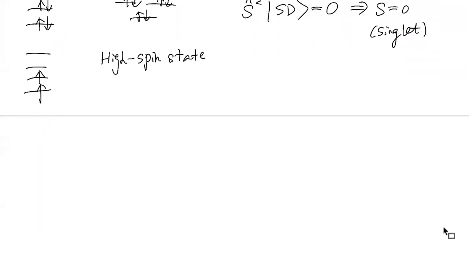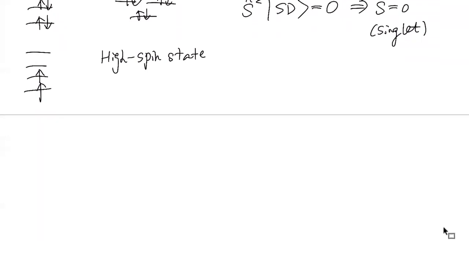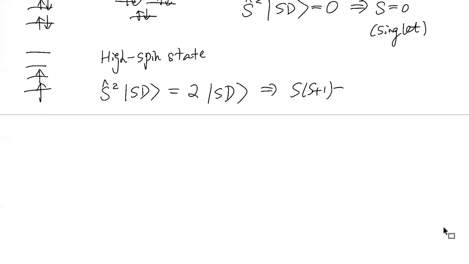In particular, for this case, if you have 2 electrons, S squared applied on a Slater determinant is equal to 2 h bar squared times the Slater determinant. So in this case, S times S plus 1 is equal to 2, then S is equal to 1. That means the spin quantum number is equal to 1, and therefore 2S plus 1 is equal to 3. And this is called a triplet.